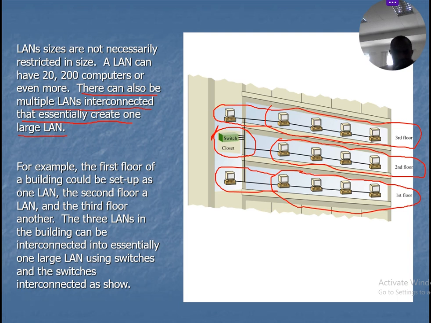There can also be multiple LANs that you can interconnect, which essentially creates one large LAN. Every floor has its own local area network, but we can always interconnect them using switches, as we've shown in this diagram.